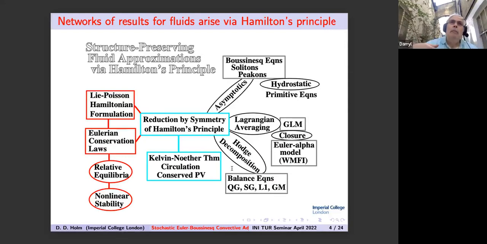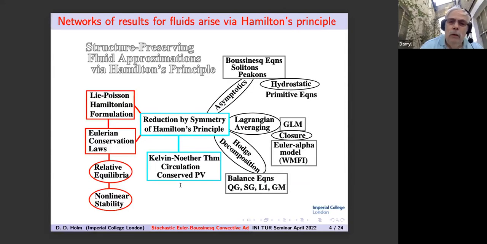And each time you start making these approximations and introducing asymptotics, for example, when you do Hodge decomposition, then you get another set of models, which, since it has come from Hamilton's principle, will have a Kelvin theorem, and the Noether theorem will give you constants of motion.